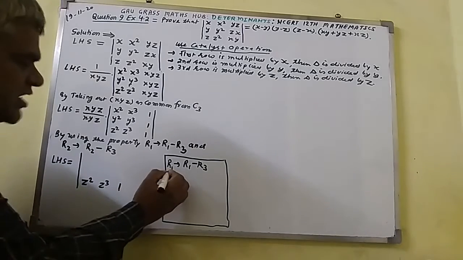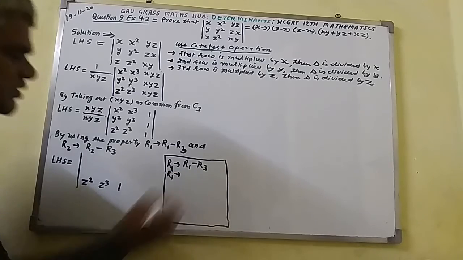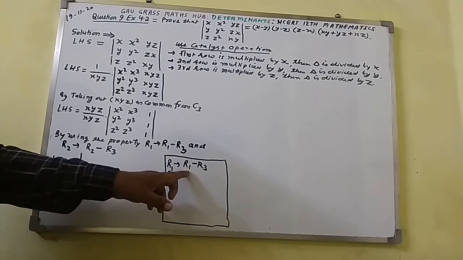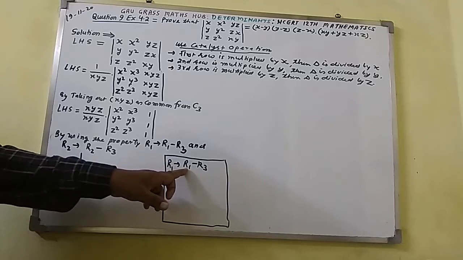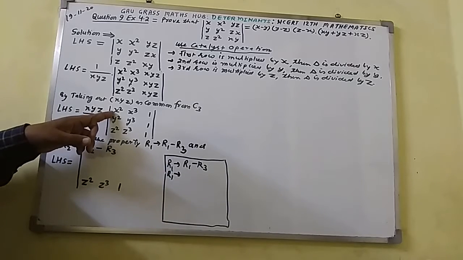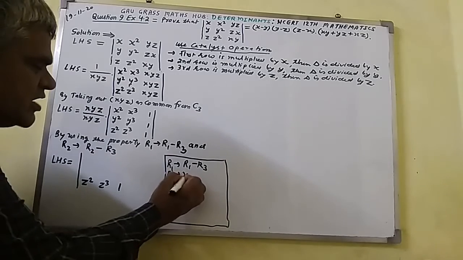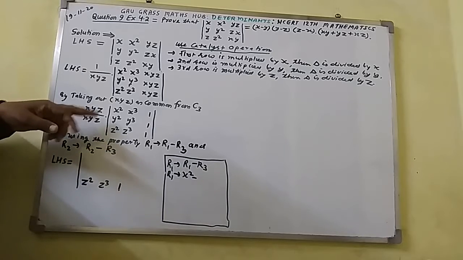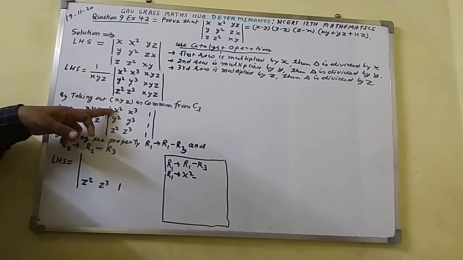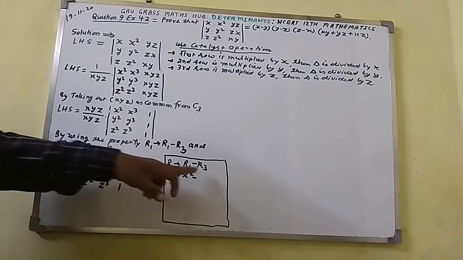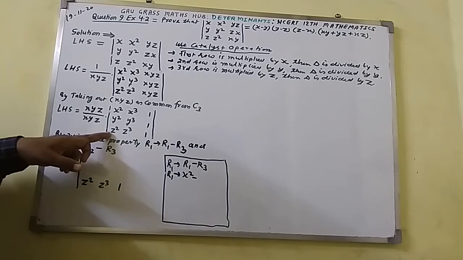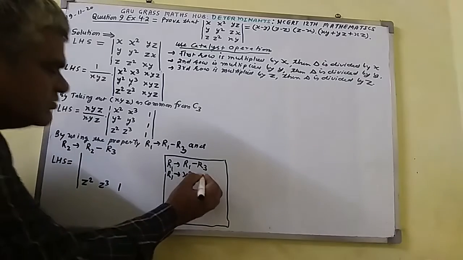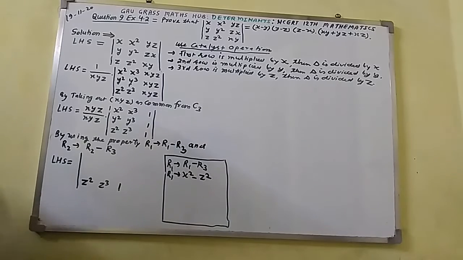So here I shall write R1 goes to, if I take the element of R1 as x square, so here write x square, minus is there, right here minus, and the corresponding element of x square in the third row is z square. So here write z square.